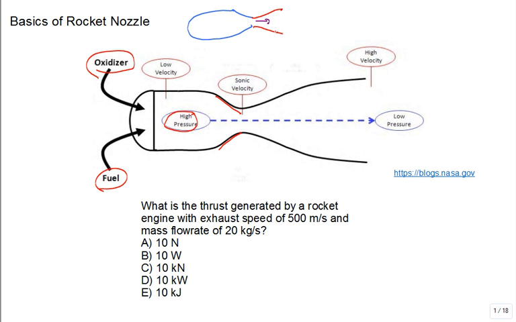You're feeding it sonic flow. In that throat, you have sonic velocity right there. And guess what you can do if you open it back up? You can get the velocity to come out even higher.